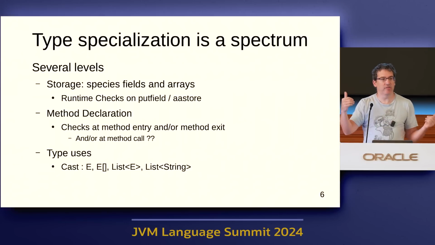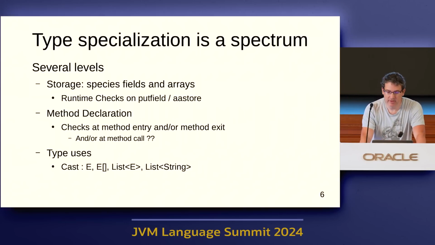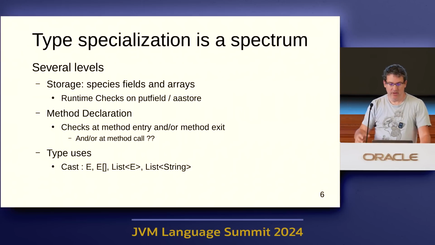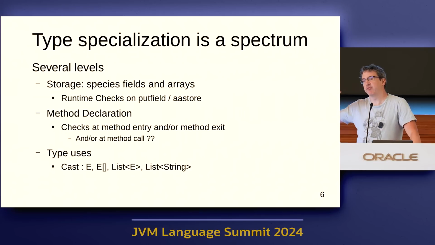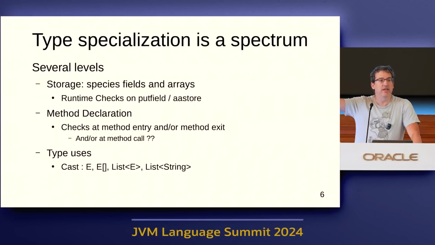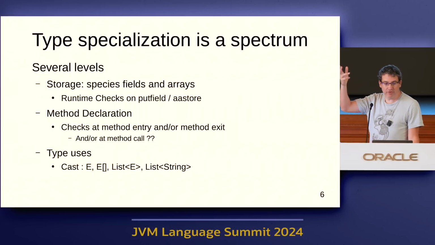Changing the generics is usually referred to as type specialization. And type specialization is a kind of spectrum. We can do several things, and we are not sure exactly what we can do in a backward compatible way. So there are several levels.